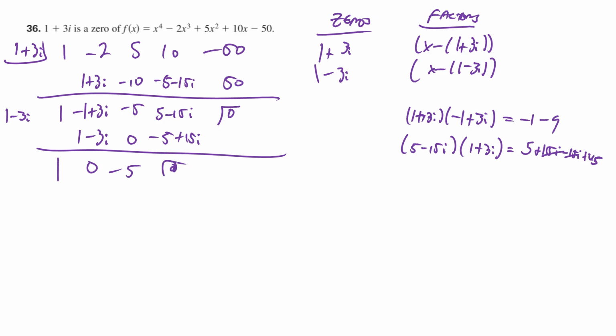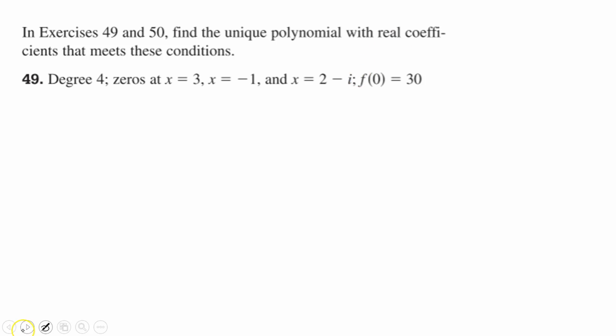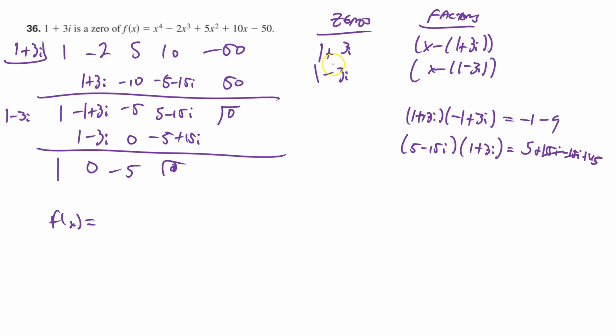This is great. So now I know that f of x is our two factors, x minus (1 plus 3i) times x minus (1 minus 3i) times x squared minus 5.